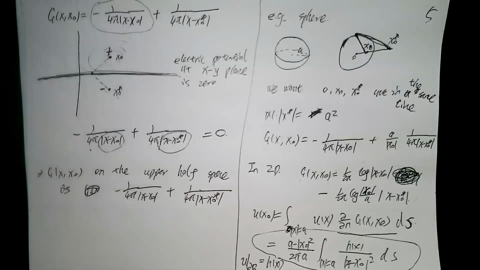So that's basically all I want to introduce to you about the Green's function. In the future, if you are interested, you can study a little more about Green's functions, because that will be useful.